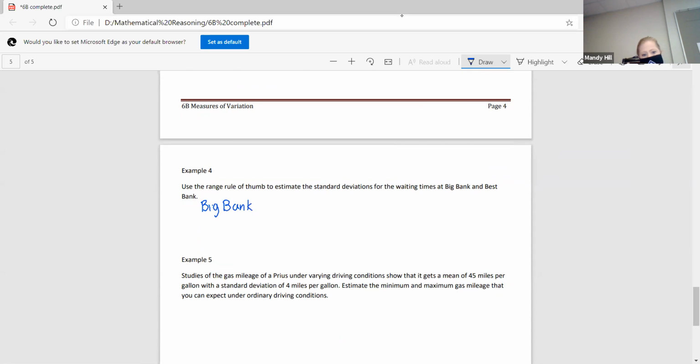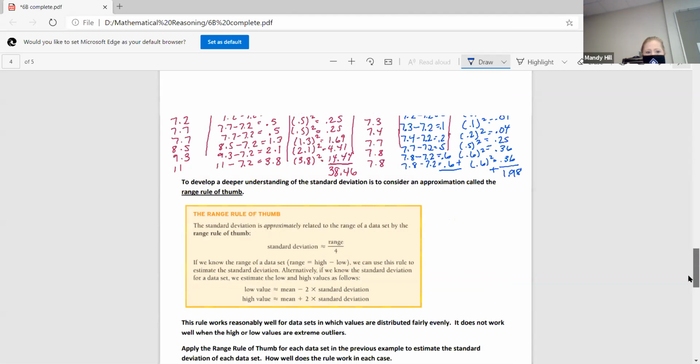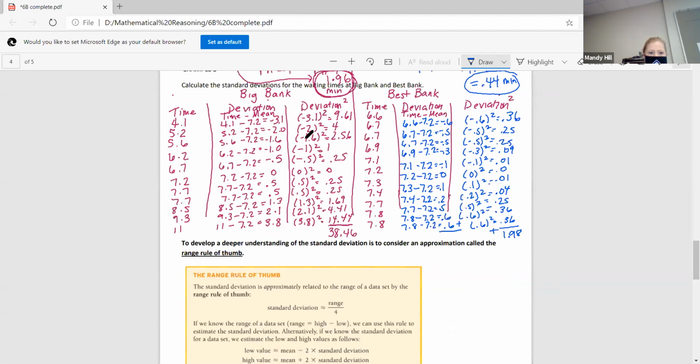To do Big Bank's calculation, you take your range. This is what you do for every one of them, and you divide by 4. To find the range of values, you do the biggest number minus the smallest number. So if we go back up here and look at Big Bank's values, we've got 4.1 and 11. That would be our range.